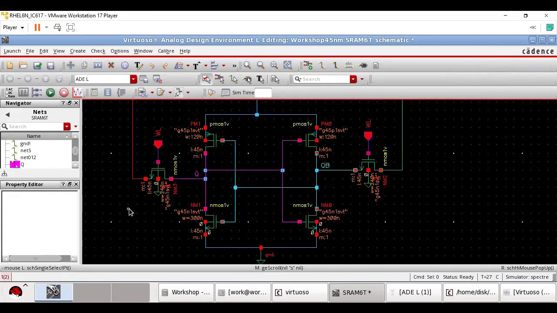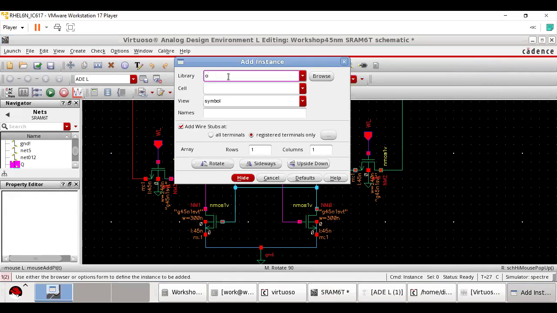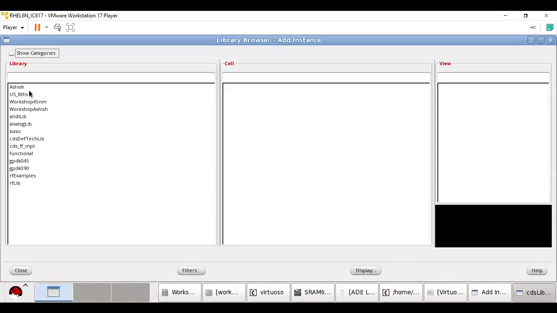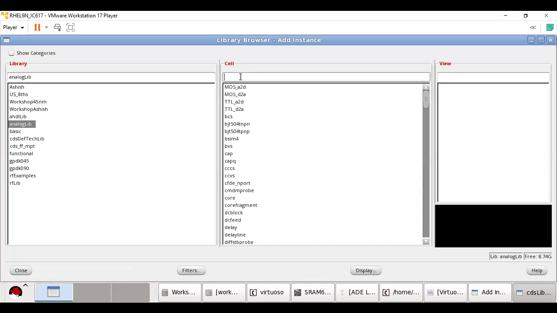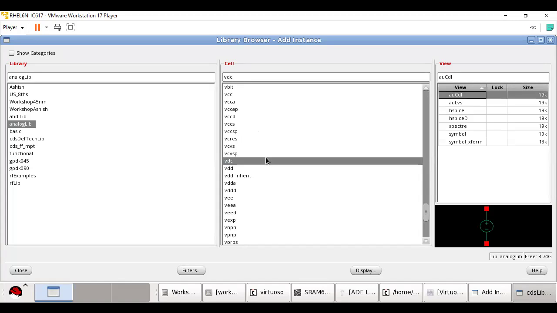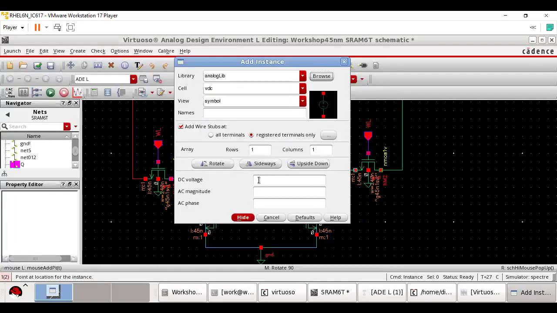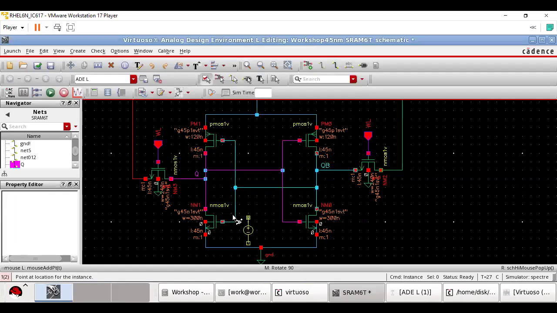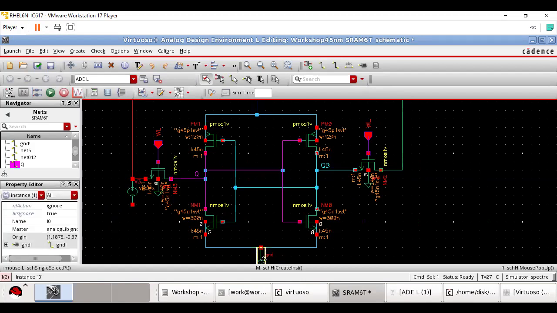Now for write operation, on one side of bit line, I'll give this high.